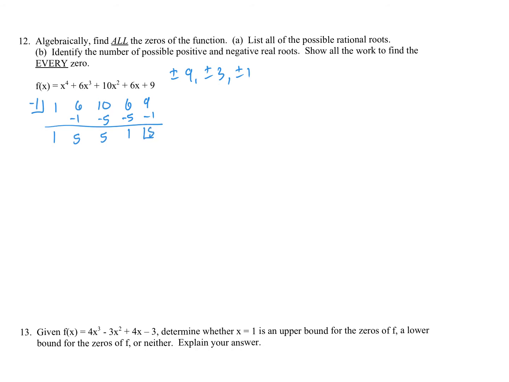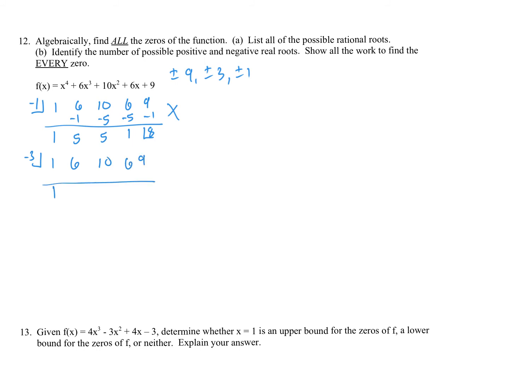This gives me an 8. This is not a 0. So let's try negative 3. I'm not going to give you one that is going to take a lot of guesses. So probably 3 at most. So let's try this next one.